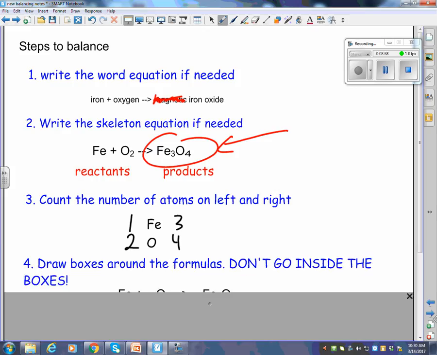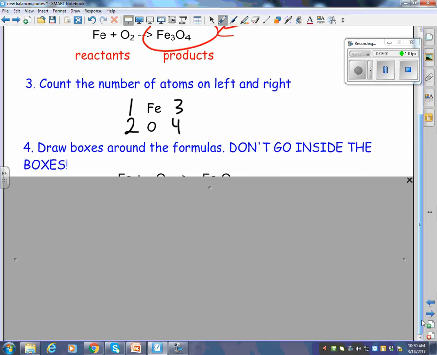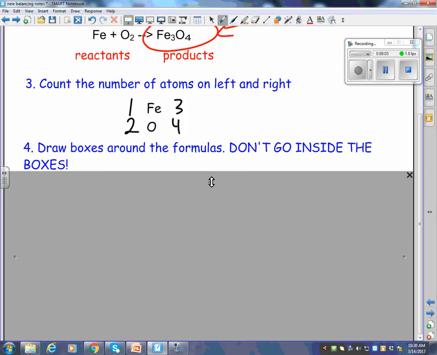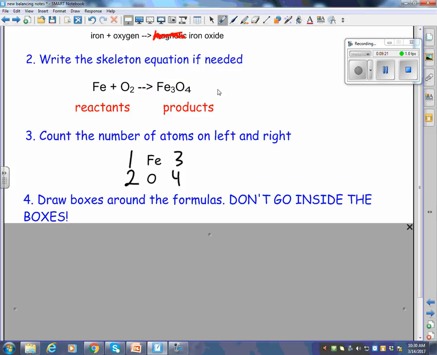Now, this is something new that I've discovered that I'm going to do because I think it's going to help. It says, draw boxes around the formulas. Don't go inside the boxes. It said to yell, capital letters, right? Don't go inside the boxes. So for some of you this will be helpful, for others it won't make a whole deal, but you're going to do this. The reason that we do this is because some kids in the past want to change the 3 and the 4.